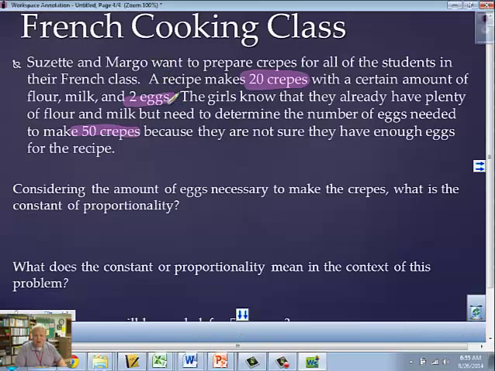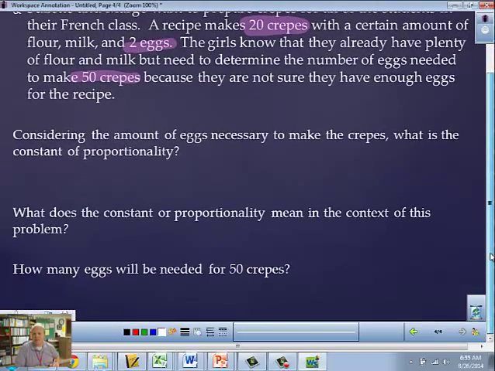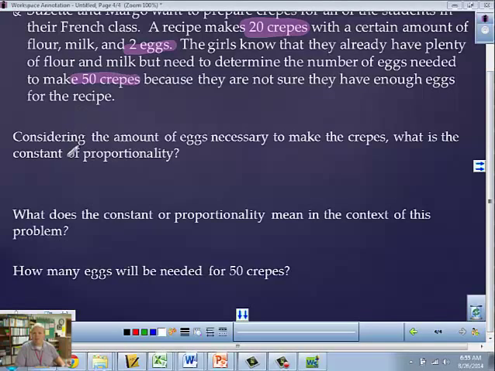So if I go back and I look, let's bring this down just a little bit so we can work. Okay, if I remember, I'm comparing eggs to crepes, right? Eggs, remember this word too is very important. Eggs to crepes. So I have 2 eggs for 20 crepes.